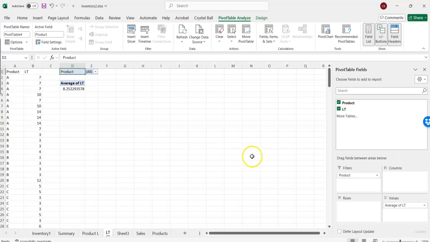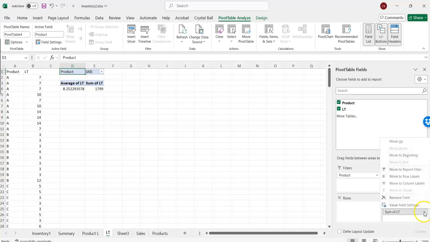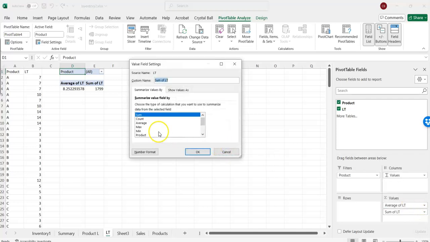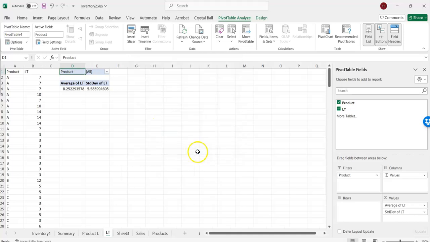Now we also want the standard deviation, so let's drag LT again and change the value field settings again, and scroll over and find standard deviation. Okay, now the only thing we need to do is limit this to product L.